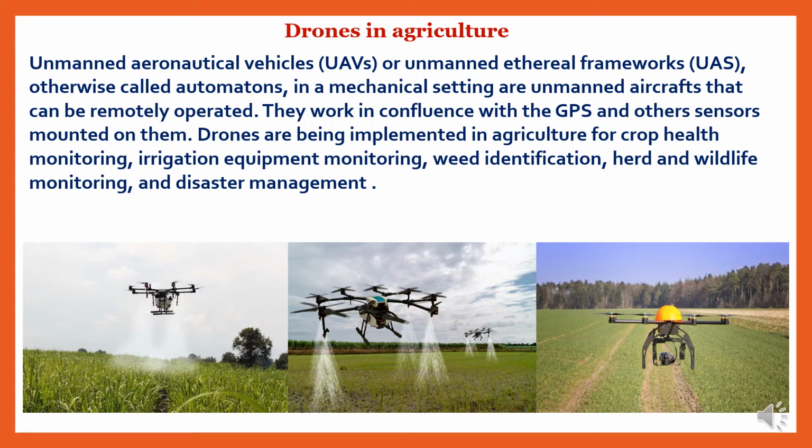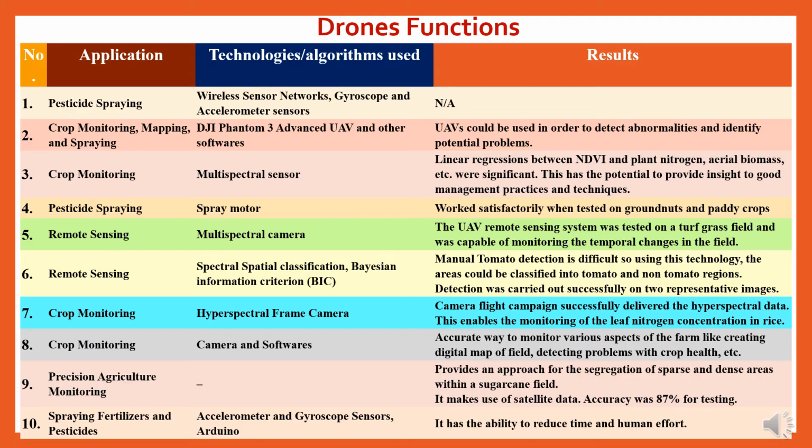Drones are being implemented in agriculture for crop health monitoring, irrigation equipment monitoring, weed identification, herd and wildlife monitoring, and disaster management. Here we have presented the various drone applications, the technologies which are used, and algorithms for operations.